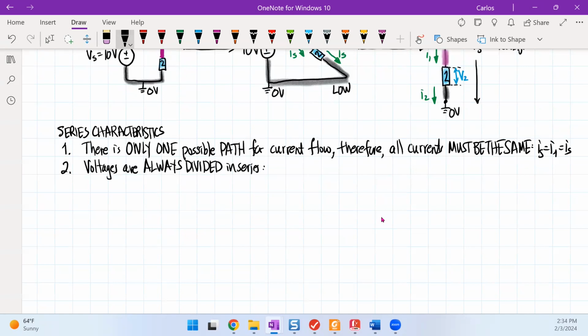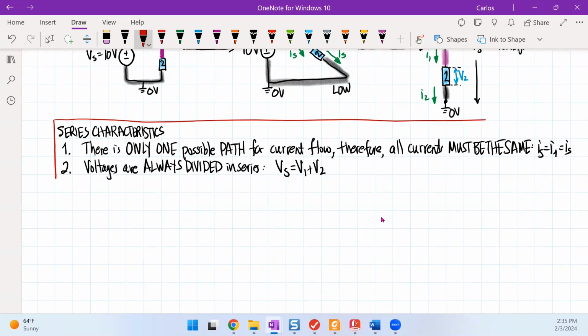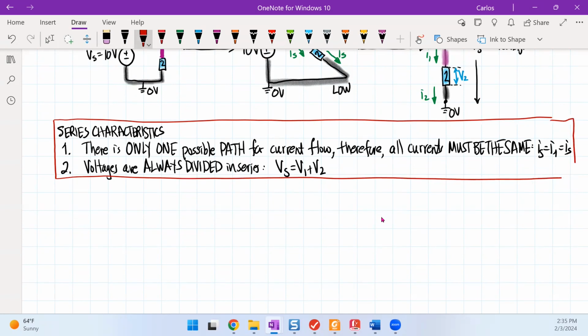So then that means we have no choice but to say that the voltage source must be the combination of V1 plus V2. That's what it means to be in series.